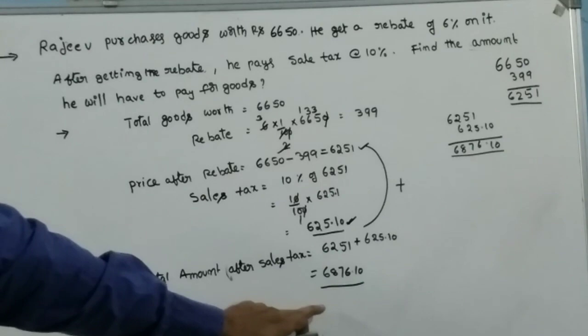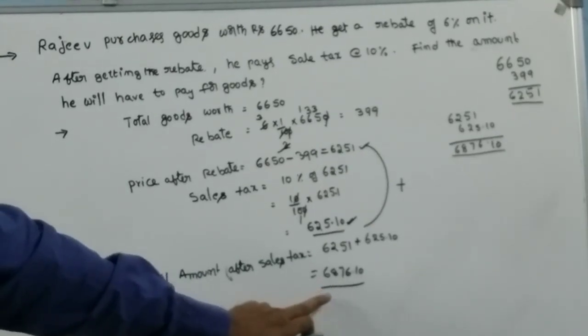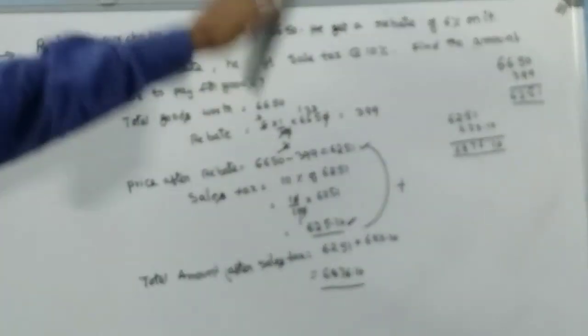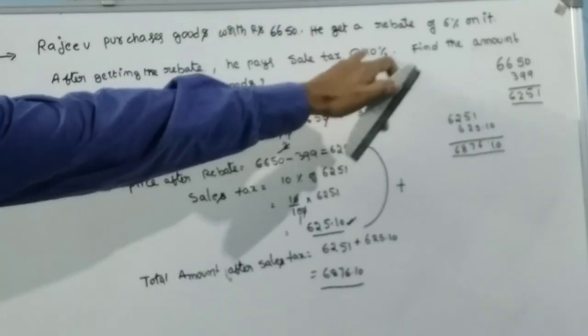This is the total amount he has to pay after getting the rebate and after paying the sales tax of 10%.